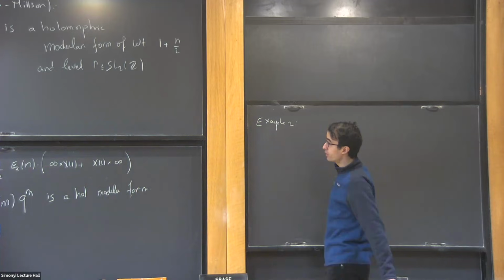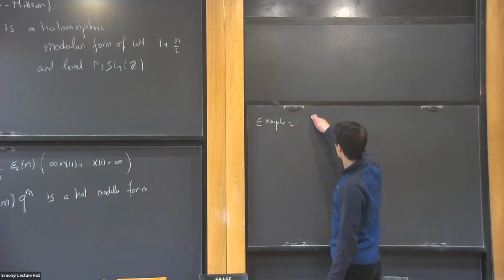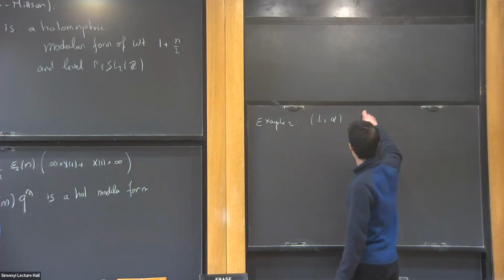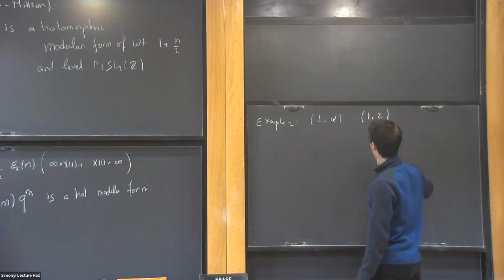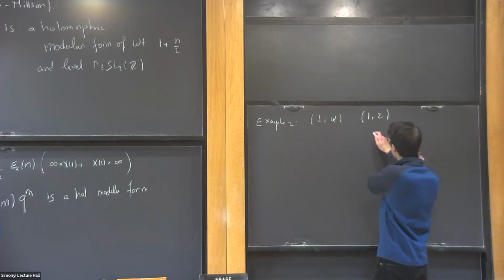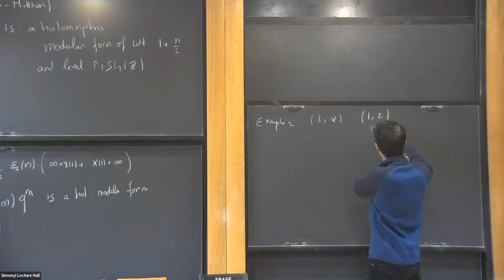And the second example is when the lattice now is of signature (1,2). And again, let's assume it's isotropic.